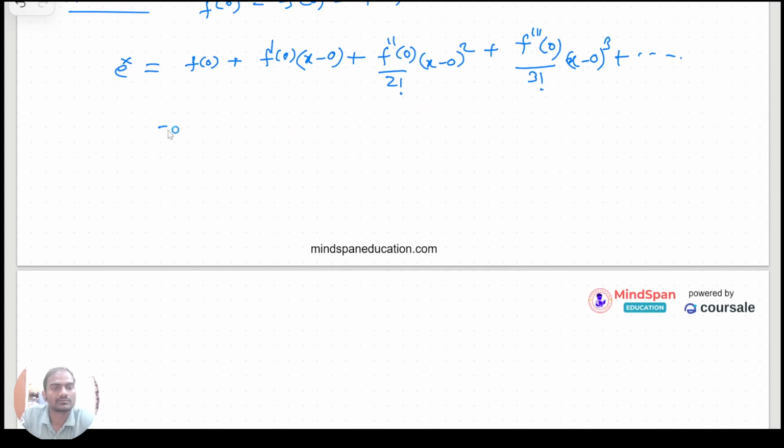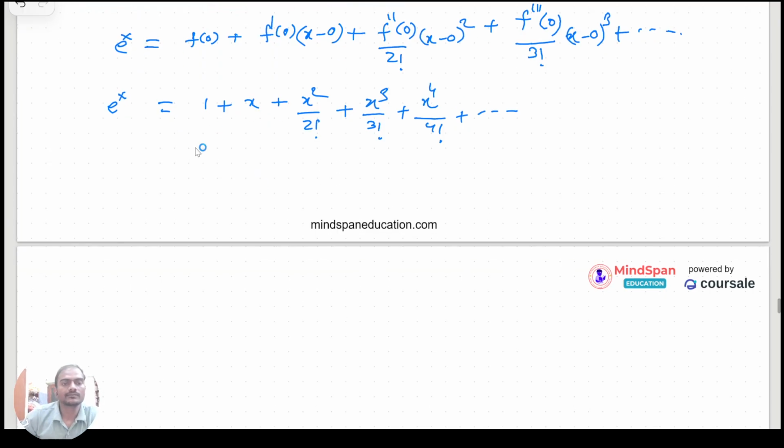If we write this properly, this will become 1, then 1 into x, then x square by factorial 2 plus x cube by factorial 3, and so on.